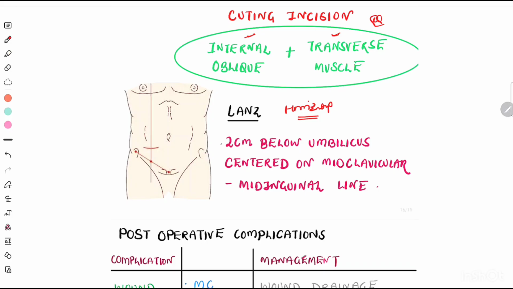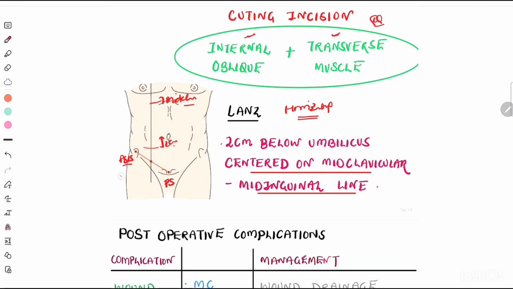This is the horizontal incision, and we give it 2 centimeter below the umbilicus, centered on the mid clavicular and mid inguinal line. This is the mid clavicular line and this is the mid inguinal line. Here is the anterior superior iliac spine and this is the pubic symphysis.